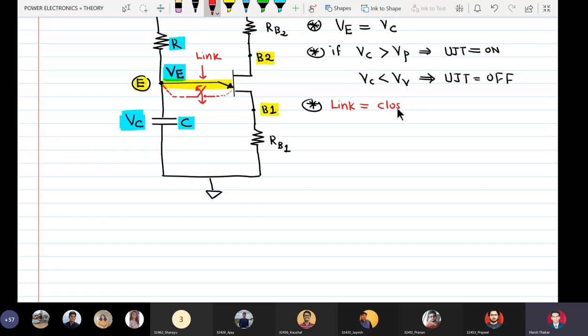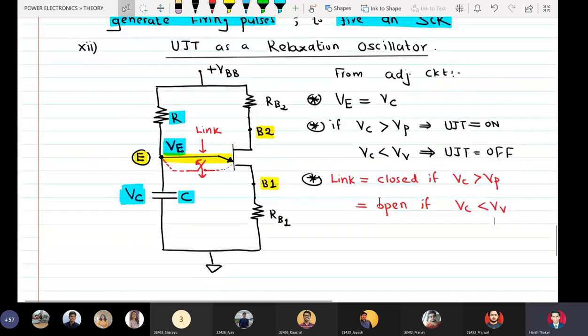Link is closed if the capacitor voltage is greater than the peak point voltage, and it is open if the capacitor voltage is less than the valley point voltage.